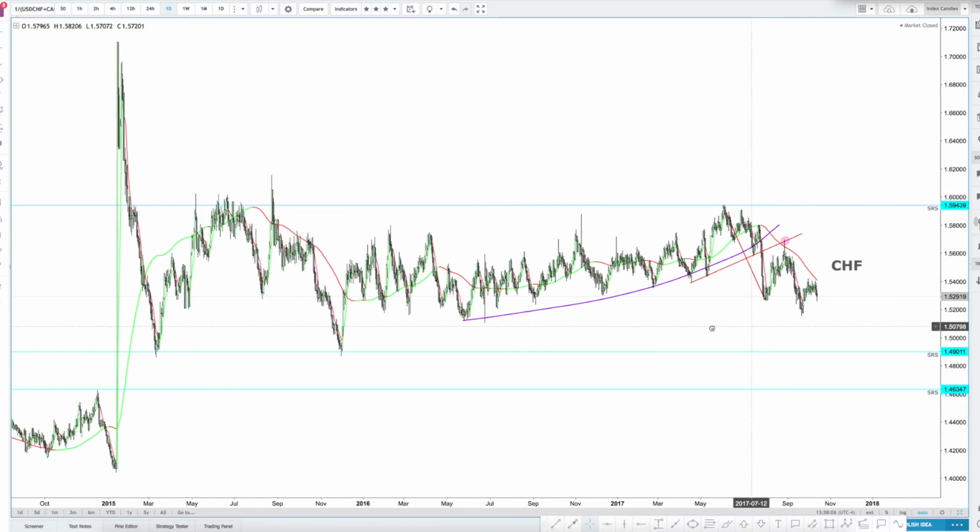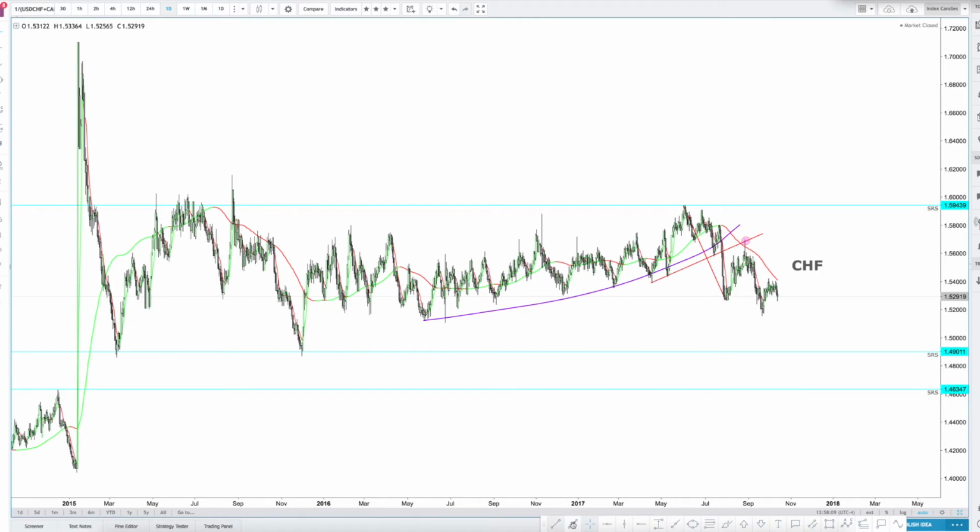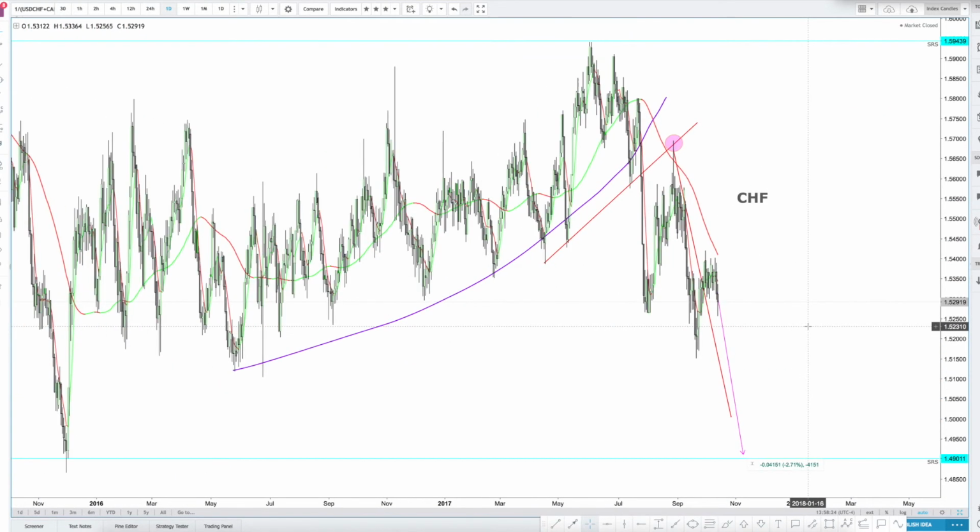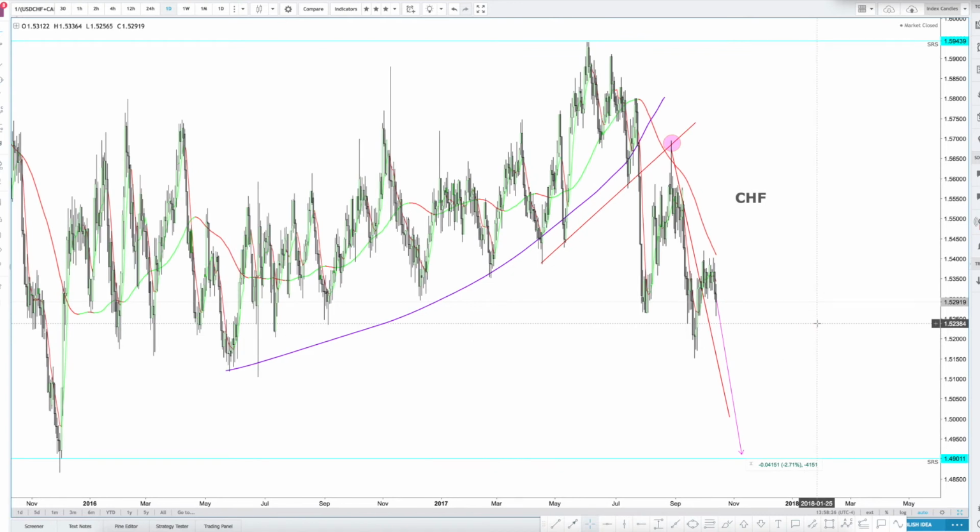All right, so I'm definitely looking for at least this, and then if we take this measured move and move it to that high, there's still potential for lower. So I'm gonna write down Swiss franc down.